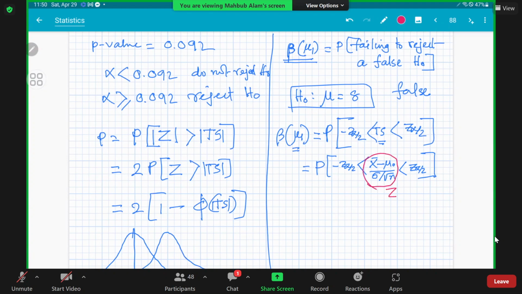Why not? Because this mu naught is not the mean value. So we cannot replace this x bar minus mu naught divided by the variance by the standard normal random variable. To do that, we need to do a number of things. We can replace it by z if we subtract the sample mean by this.